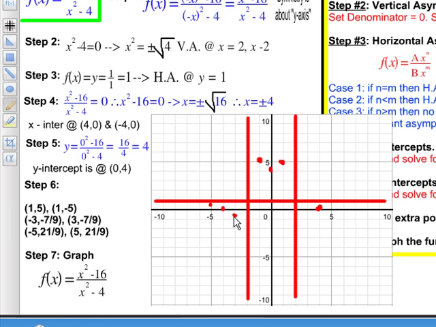Same thing, since it's symmetric about the y-axis, I simply reflect it over, and I'll draw this one about here, and this one about here.